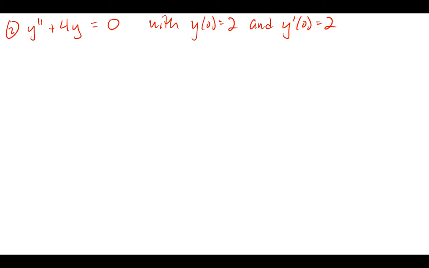Okay, so let's see if we can trace this through and see what we end up with. Step 1: do the Laplace of the whole thing. So I'm going to do the Laplace of y double prime. When I do the Laplace with a coefficient, remember the coefficient just comes out in front, so don't stress about that.